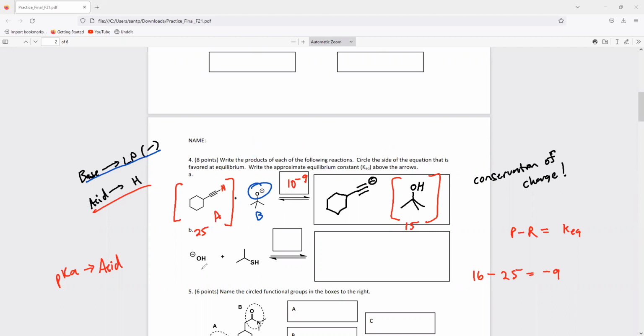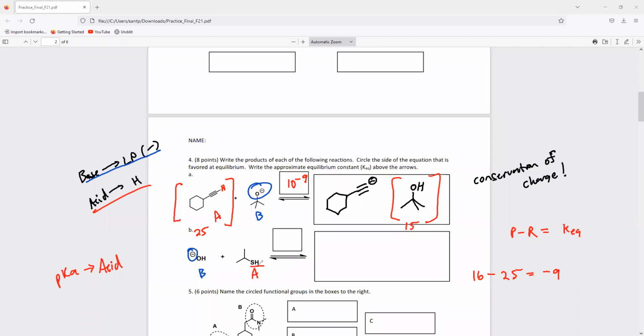All right, so then moving on to this one, same idea, right? And again, these are really clear examples. I really like these ones. So I hope you guys get ones like these on your exam, because you can see that this is OH minus and this is SH. So, I can clearly see OH minus is the base. So I feel very confident. I mean, there's that lone pair, right? I feel very, very confident that this guy here is going to be our acid.